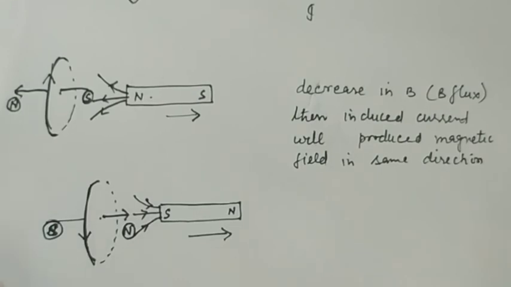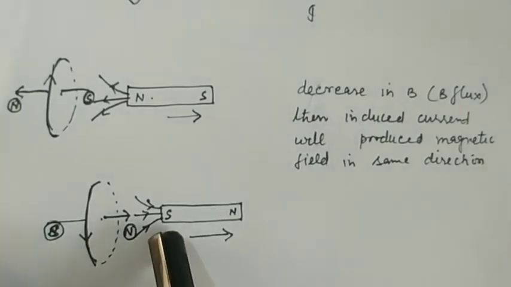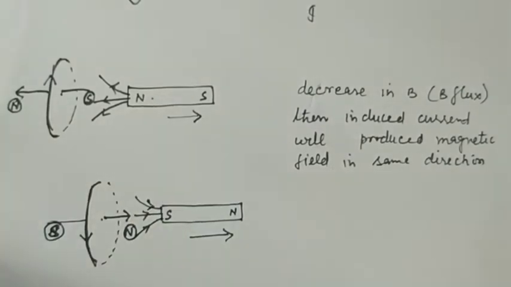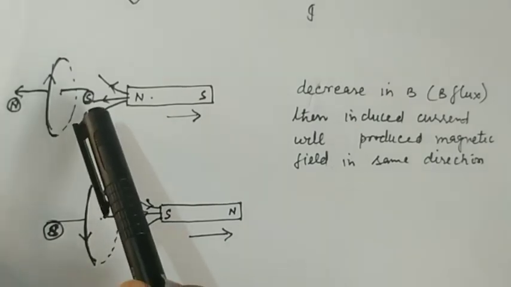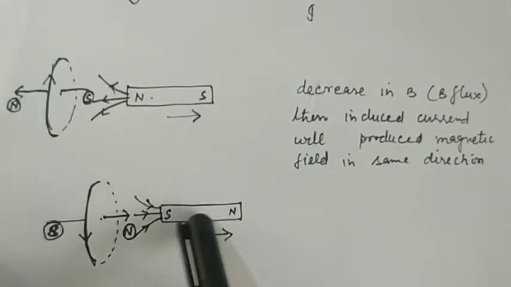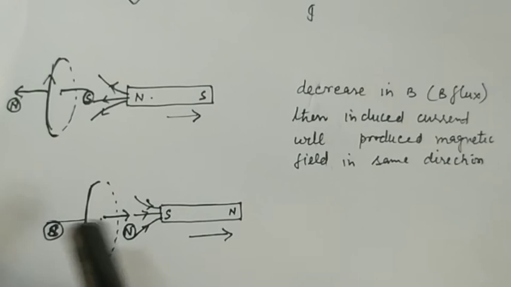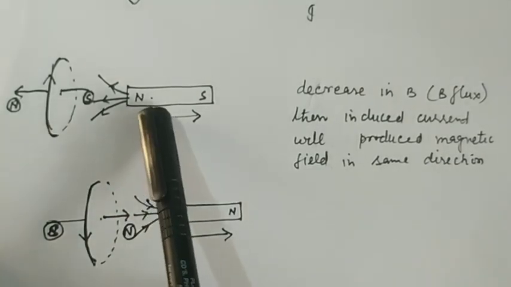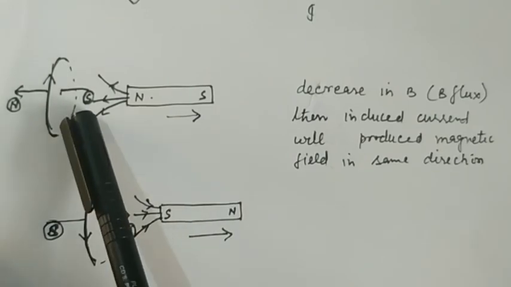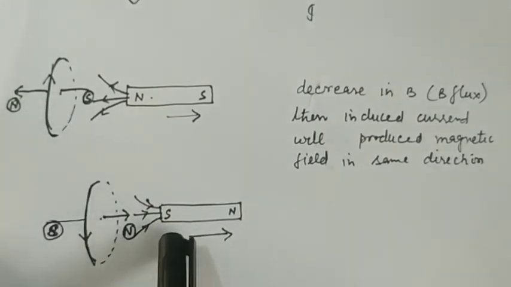One more thing you can see here: if you push this bar magnet away from the loop, opposite poles are created. Here, if you push this bar magnet away, a south pole is created, and here a north pole is created.